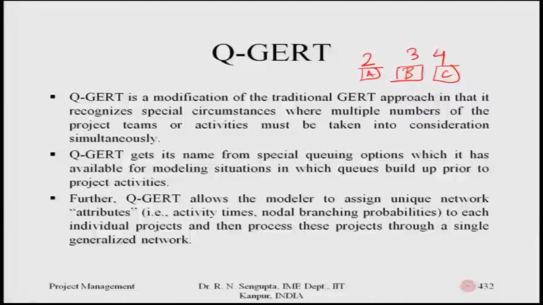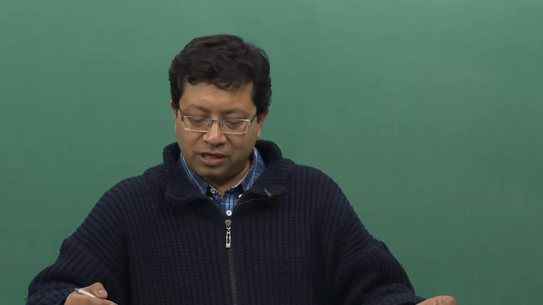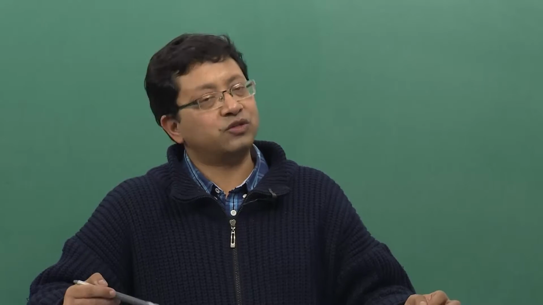Why? Because if I do the work of 4 minutes first, job B has to wait for 4 minutes and job A has to wait for 2 minutes. Then if I do B, job A has to wait for 4 plus 3 minutes. The waiting for A is 4 plus 3, and waiting for B is 4.